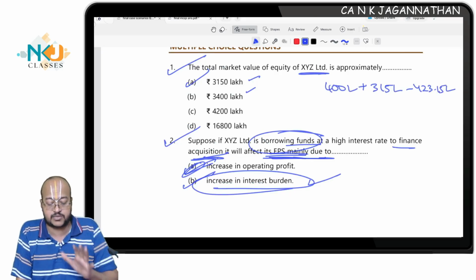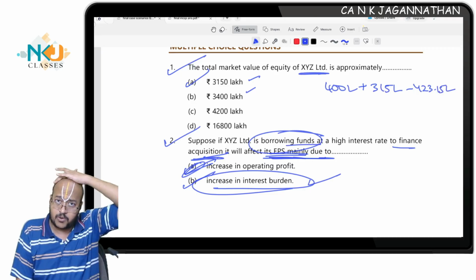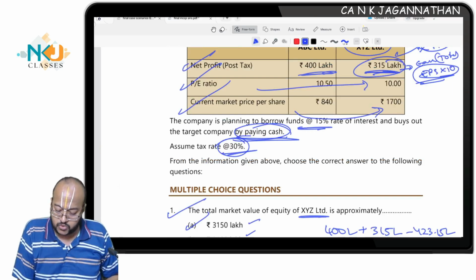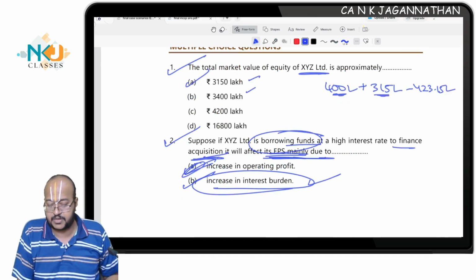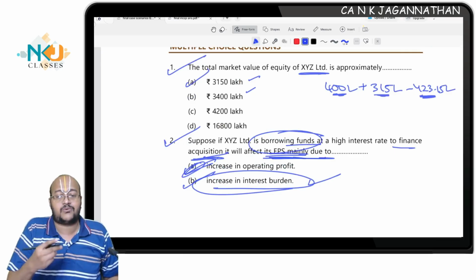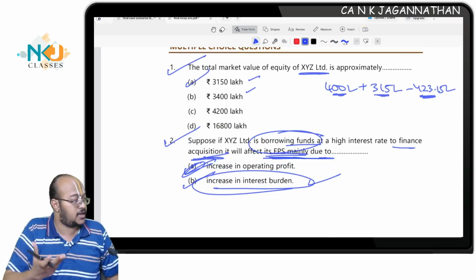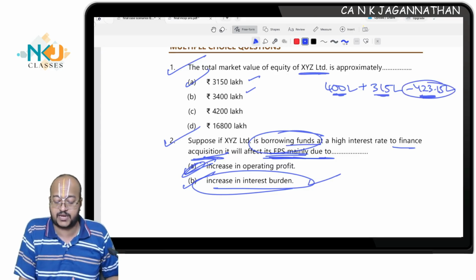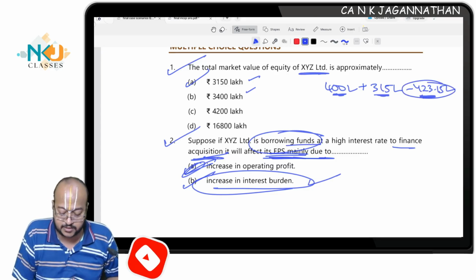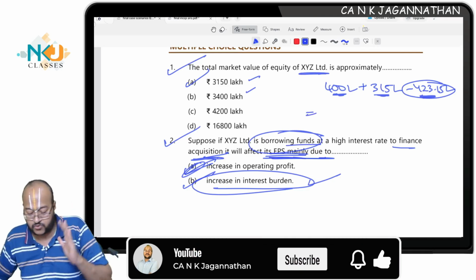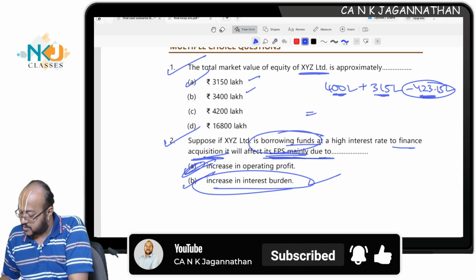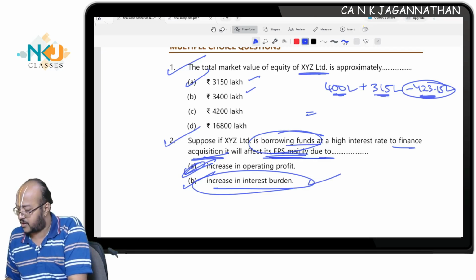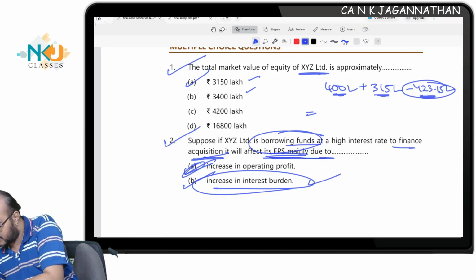Are you all understanding what is happening? So 400 lakhs is the profit after tax of this company plus the post-tax profit of the second company, minus the interest portion which you have to pay. From after tax only you need to pay interest now. This interest is after tax, hence it is comparable. Just simply reduce the post-tax interest. Are you all understanding? What is this amount coming? First of all, 400 plus 315 minus 423.15. How much is that? 291.85.